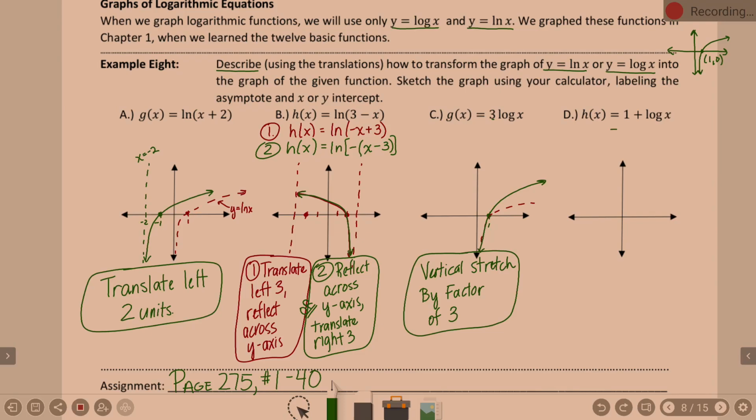Does it help you if I reverse it and say log of x plus 1? Does that visual help? And maybe you're thinking, I didn't need that, but if it helps, the plus 1 can go in front or behind. It doesn't matter. But it's not in parentheses with the x, so it is a translate up 1.